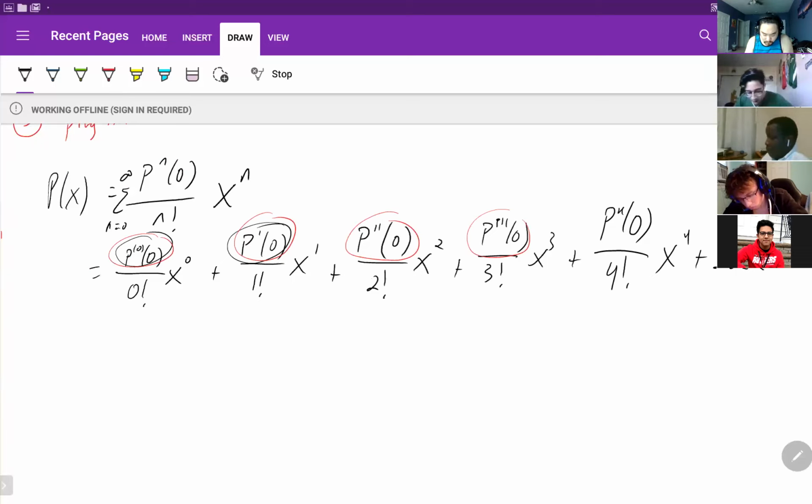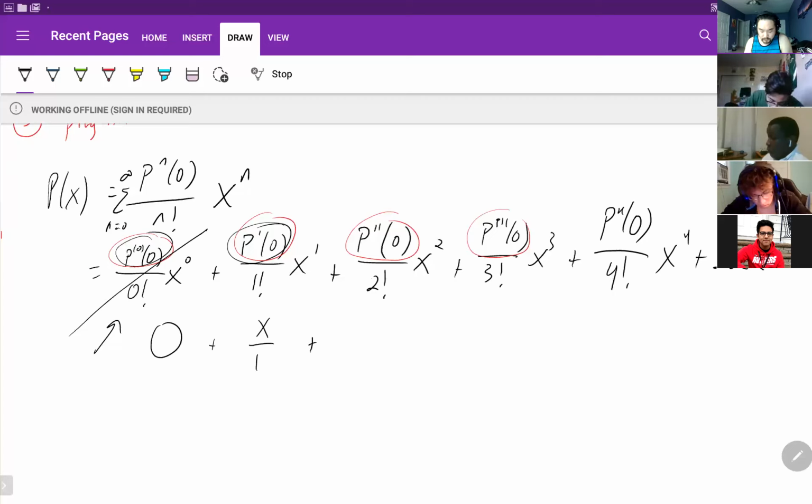So this first one, what did we say that was at 0? The original function at 0 is sine of 0, which is 0, and that cancels out the whole term. What was the next term? It was 1, so it was x over 1.